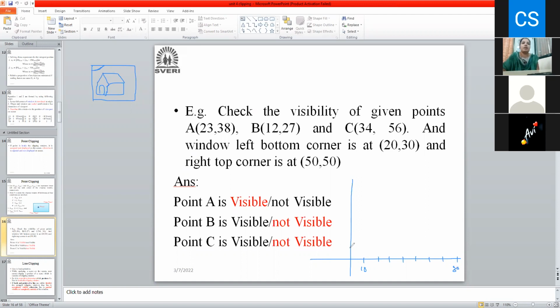Then comes the y direction. Okay. So here also I am having 10 to 80. Okay. Now, the clipping window is having the lower left corner at 20, 30. So 20 is x value and 30 is y value. So it is over here.